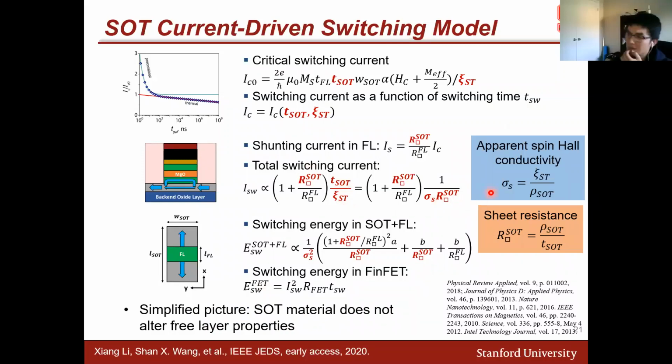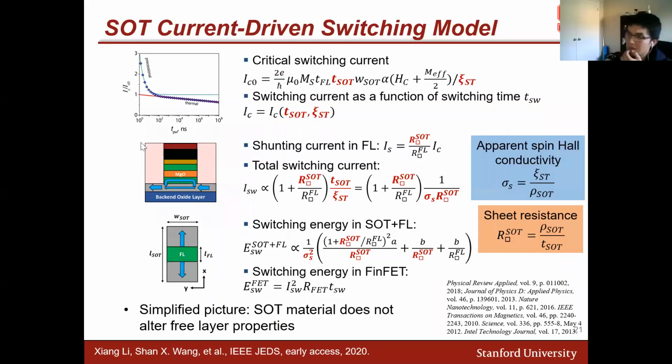One is the spin Hall conductivity, the other one is the sheet resistance of the SOT material. All the other parameters are either for the free layer or something that we think can be optimized to be a relatively constant value. There's a lot of simplification here, but I'll show you what we can get from the simplified picture.